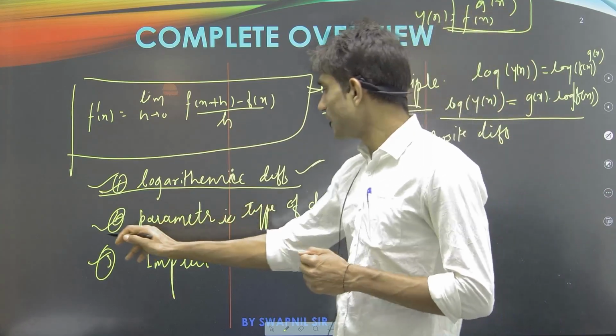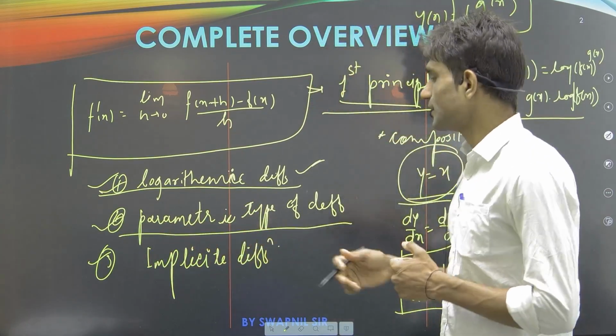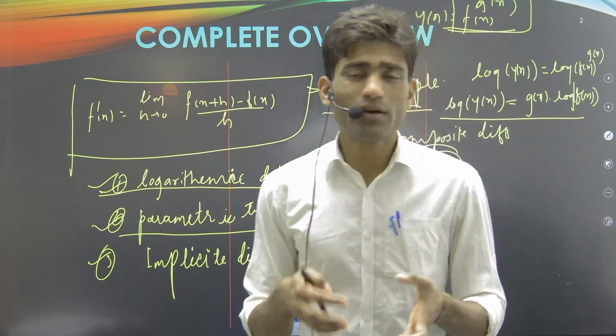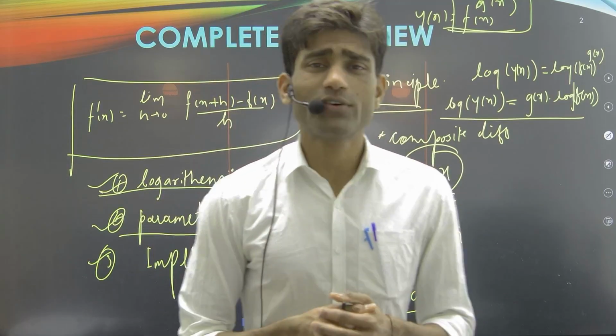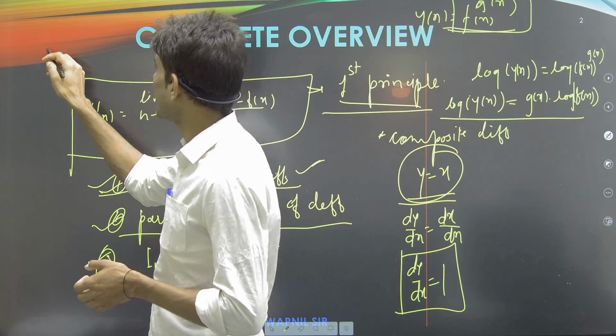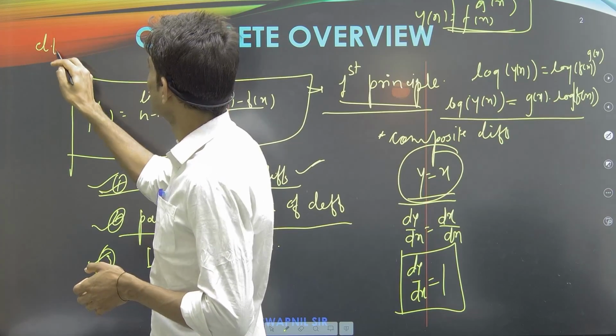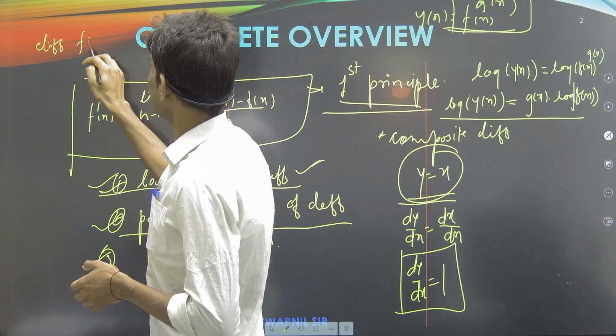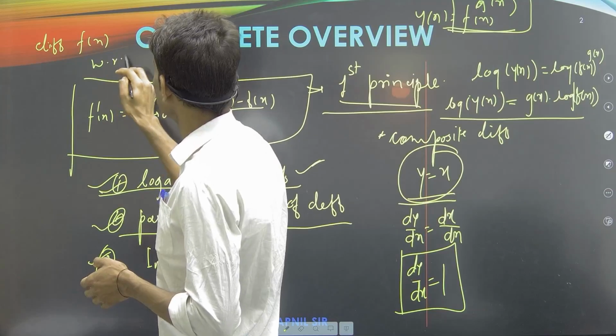Now in our next part, parametric type of differentiation. Till now we have learned how to find the differentiation of a given function with respect to x or with respect to y, like differentiation of f of x with respect to x.